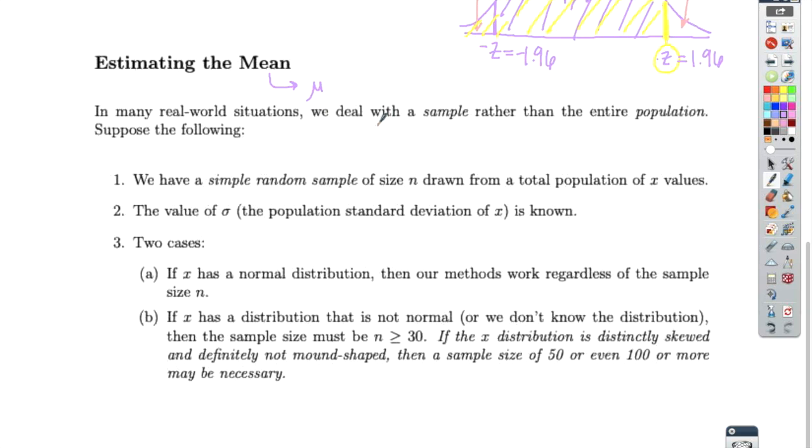It's not necessarily realistic that we would just have the population mean. We have had it in this class, but in a real-world statistics situation, you would not be given the population mean. Okay, so suppose we have a simple random sample of some size n, which is drawn from a total population of values.